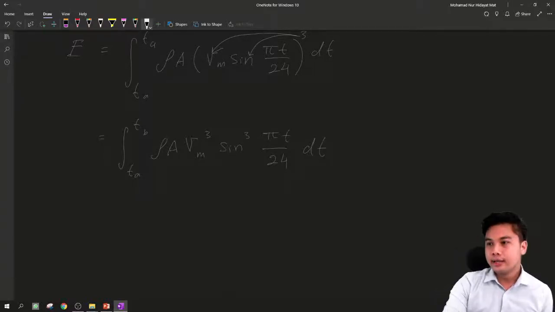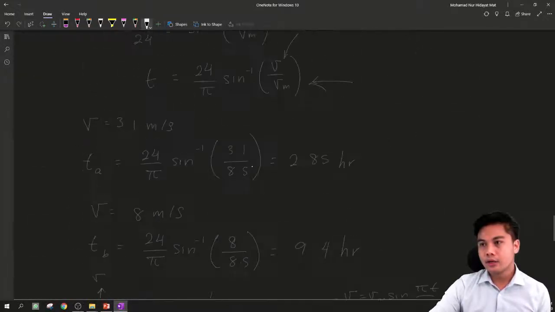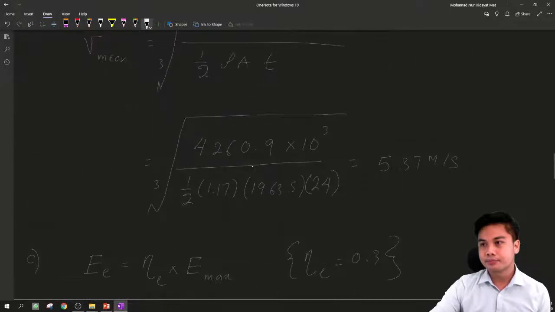Remember that previously we did the integration of this part, so we don't have to do the reintegration because it is the same. Just look back at our previous equation, the integration of sine cubic.